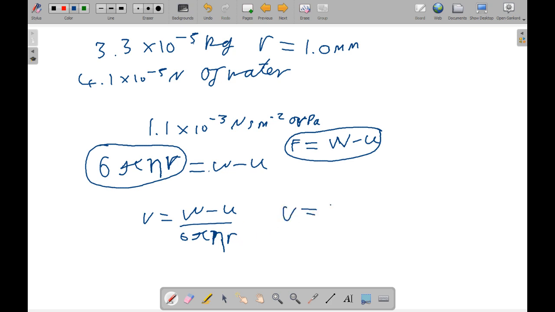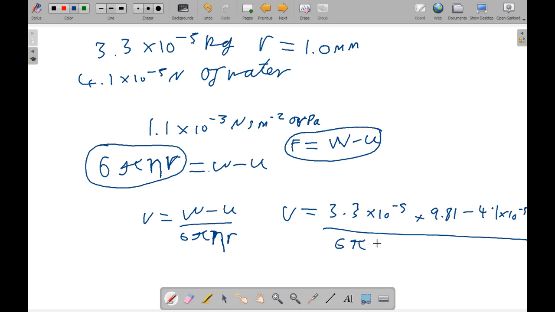So if V is 3.3 times 10 to the minus 5 times 9.81, which is the gravitational constant, 4.1 times 10 to the minus 5 newtons, all over 6 pi times 1.1 times 10 to the minus 3 times 1.0 times 10 to the minus 3.